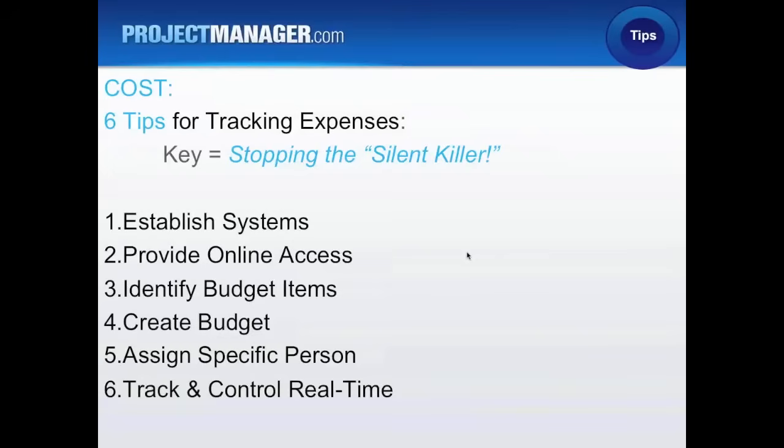And those are things like, for instance, if you have people who travel on your project, maybe someone has overlooked that you've got people who are traveling, so you've overlooked airfare, you've overlooked hotel expenses, you've overlooked meals.